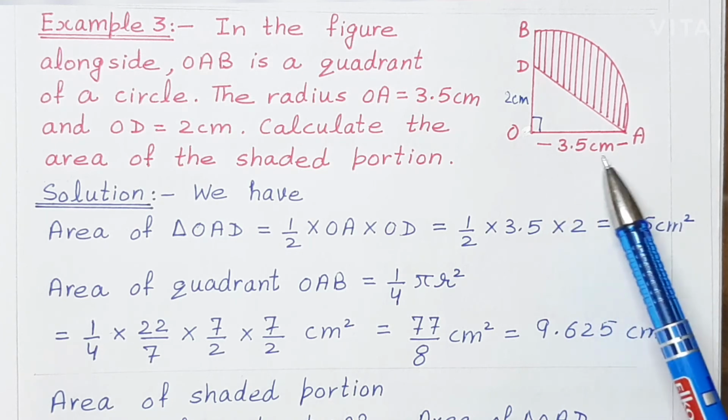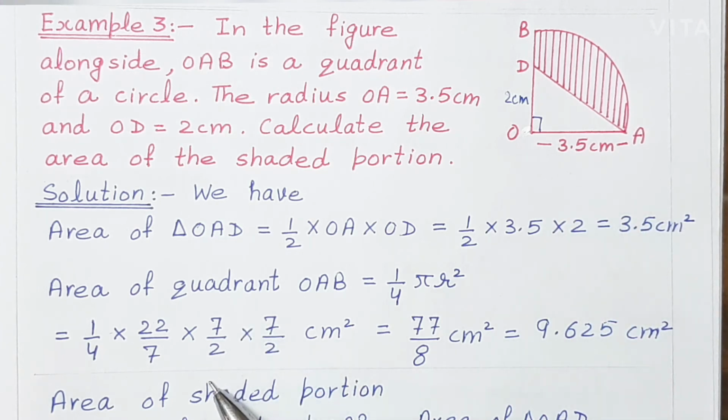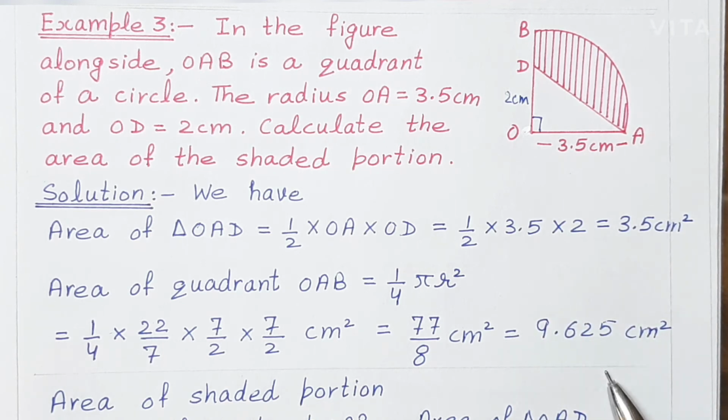We can write this as 7/2 also. That will make the calculation easy. So here it is 77 upon 8. That means 9.625 centimeter square is the area of a quadrant.